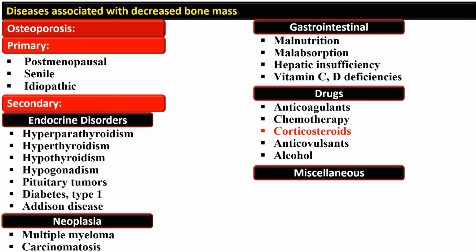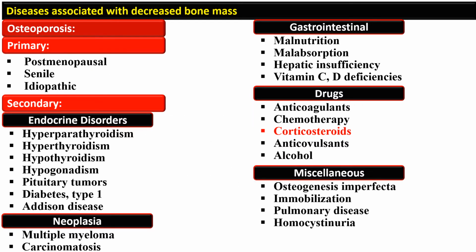The corticosteroid also impairs intestinal absorption of calcium, and hence there is increased secretion of parathyroid hormone, which leads to increased osteoclastic activity. Alcohol is a direct inhibitor of osteoclast, and it impairs absorption of calcium and other dietary constituents from the intestine.